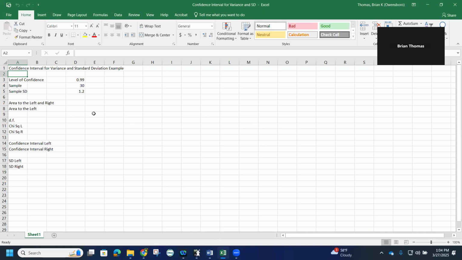So in this example, notice how we said the level of confidence was 99% or 0.99. We said the sample size was 30 and the sample standard deviation was 1.2.